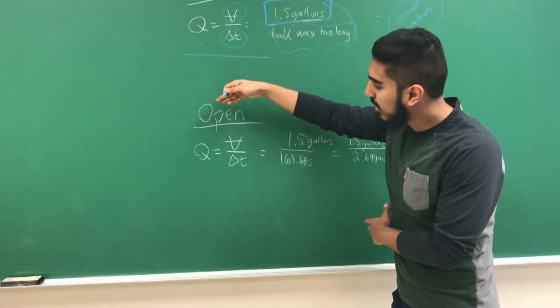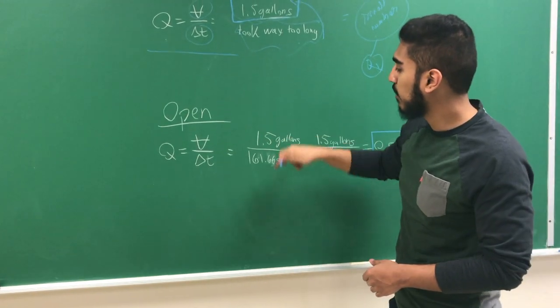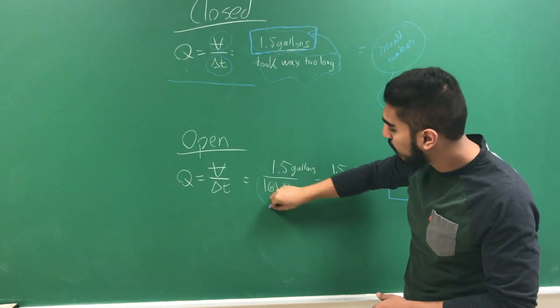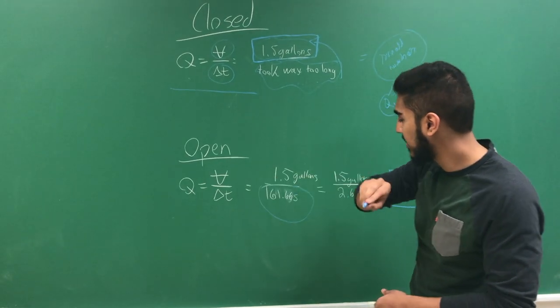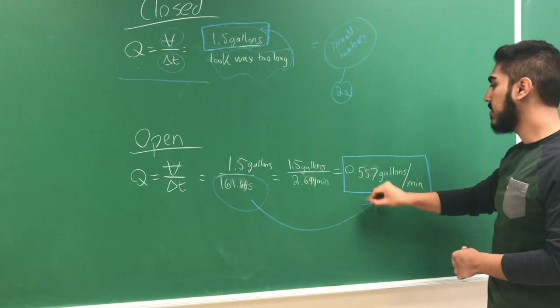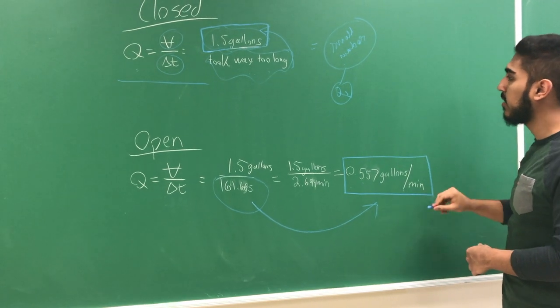And now we come down to the open part of the experiment. The volume that was drained was 1.5 gallons in a time of 161.66 seconds. And the flow rate came out to be 0.557 gallons per minute.